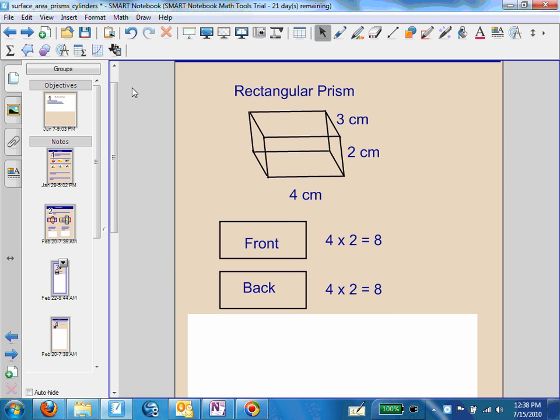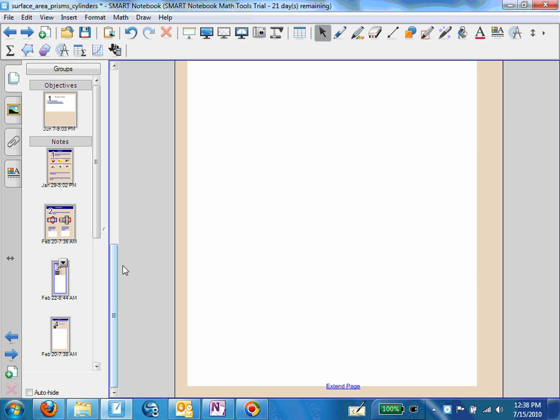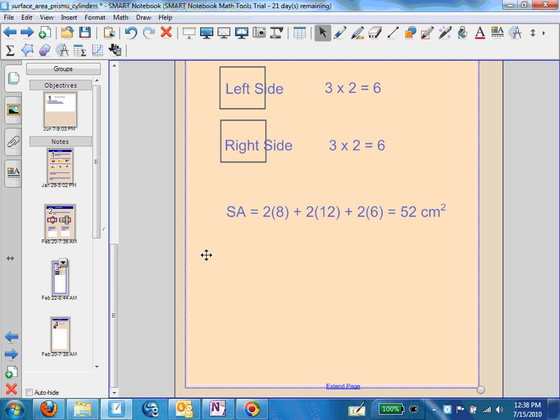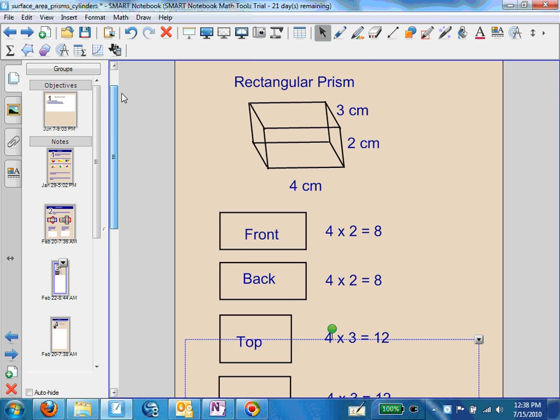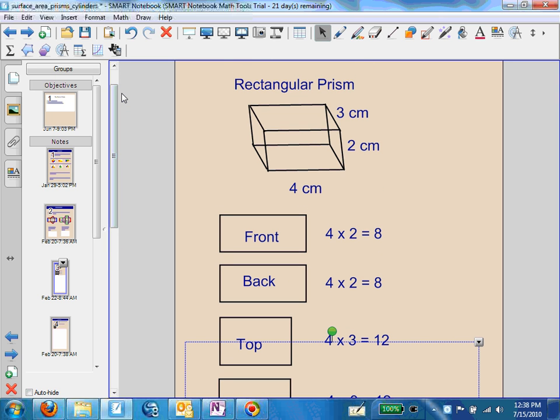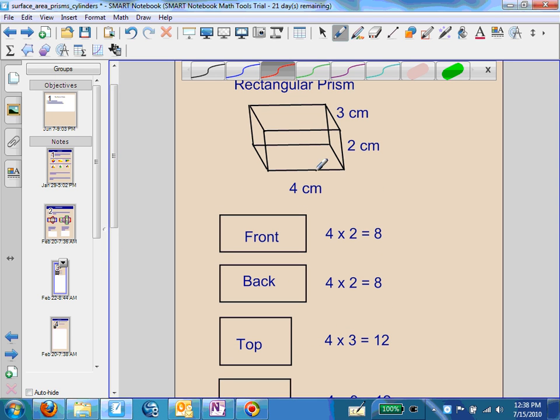Then we have the sides, or excuse me, the top. So the top is going to be 4 times 3. So let's make sure we can recognize where that comes from. So this length here is 4 because that length is 4.